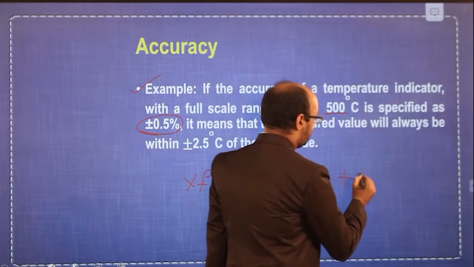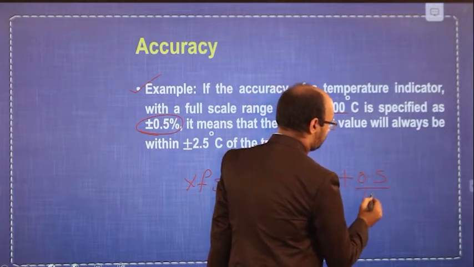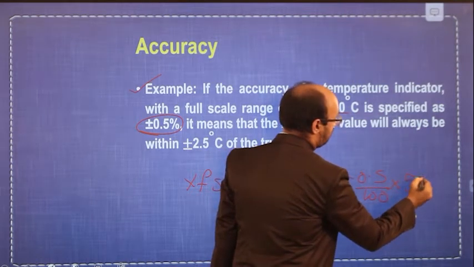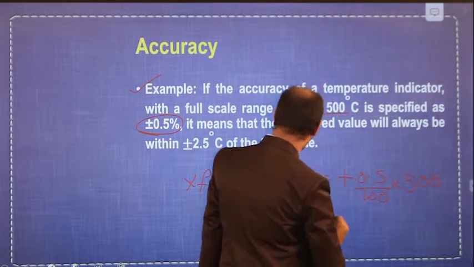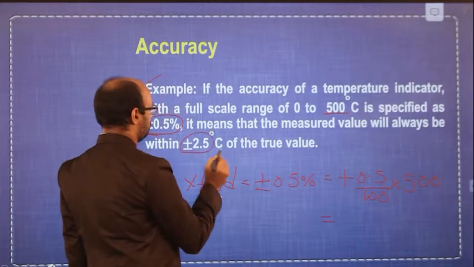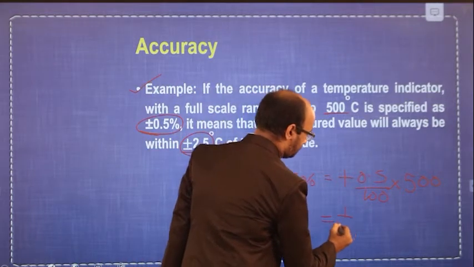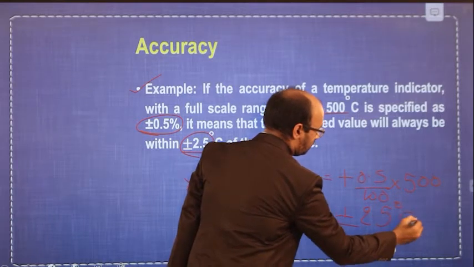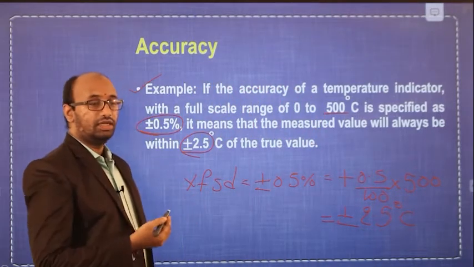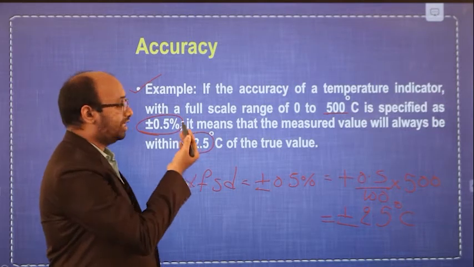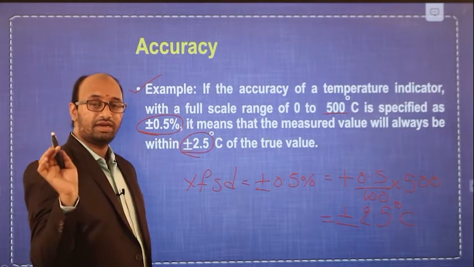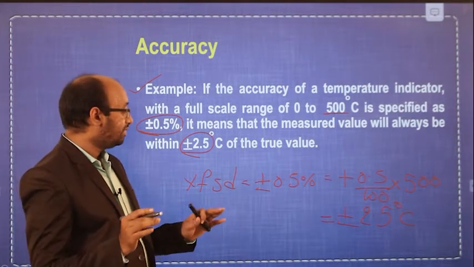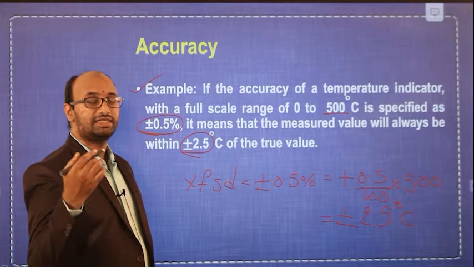Plus or minus 0.5 percent times the full scale deflection of 500 is equivalent to plus or minus 2.5 degrees. So at any instant, the value measured by this temperature indicator will have an error within these two limits. The measured value will be within plus or minus 2.5 degrees centigrade.